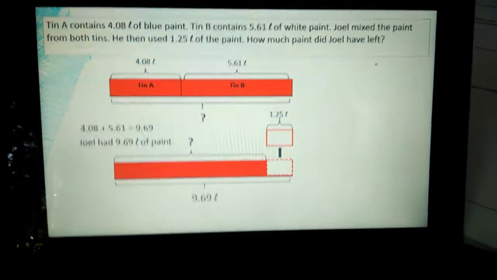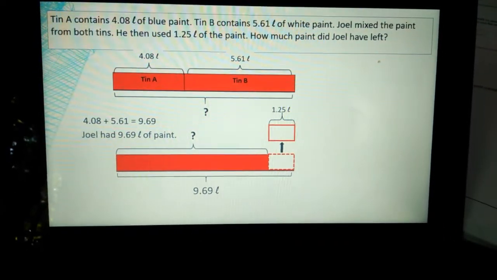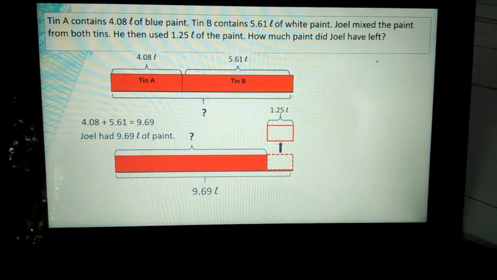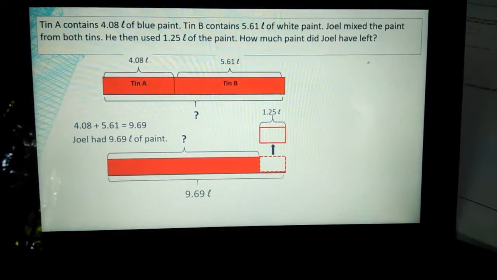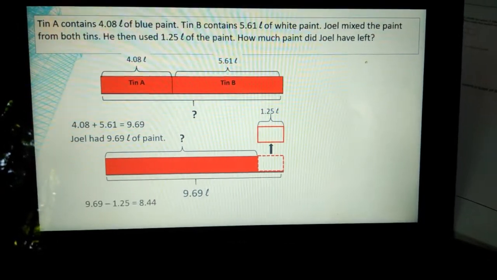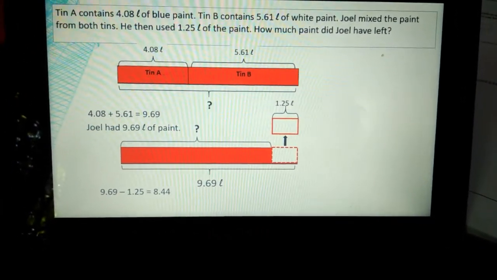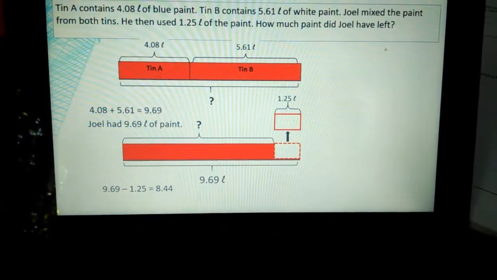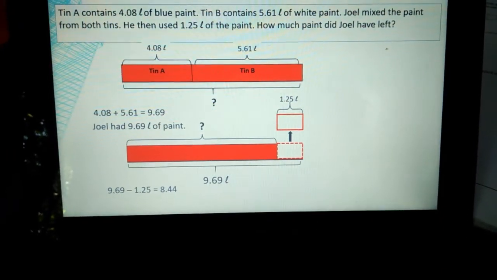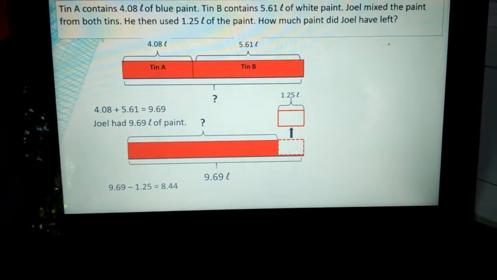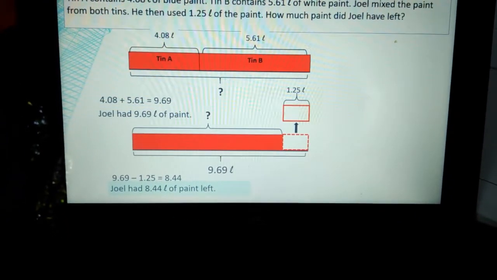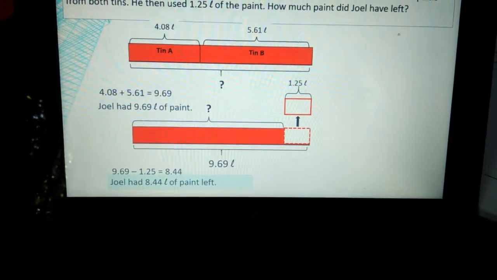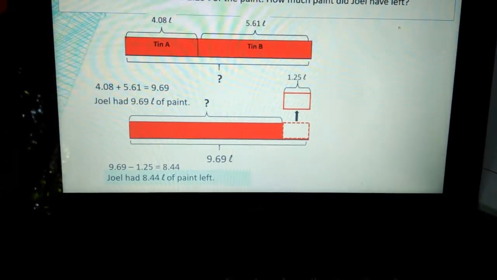Yes, this is subtraction. We have to subtract 9.69 liters minus 1.25 liters. 9.69 minus 1.25 equals 8.44. So, Joel had 8.44 liters of paint left.